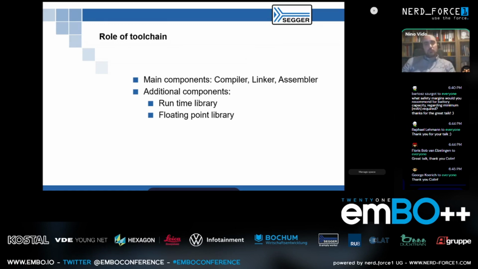Then we have the floating point library, which, similarly to the runtime library, provides additional components to your code base, so you can have high level and low level mathematics. High level mathematics would be something like sine or cosine functions, and low level math functions would be your addition and multiplication with floating point variables. And this library takes care of this in software.